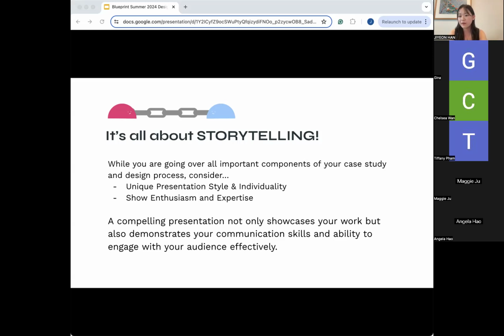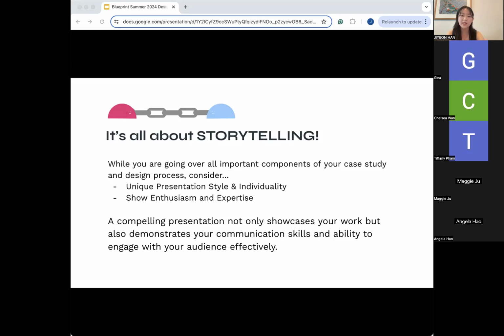A lot of people have their own designs or graphics in their portfolios, so I like to use those design elements and add them into my presentation. Since a lot of the time your audience, your employers, already looked through your portfolio, I think it's a nice reminder to include those elements in your presentation as well.